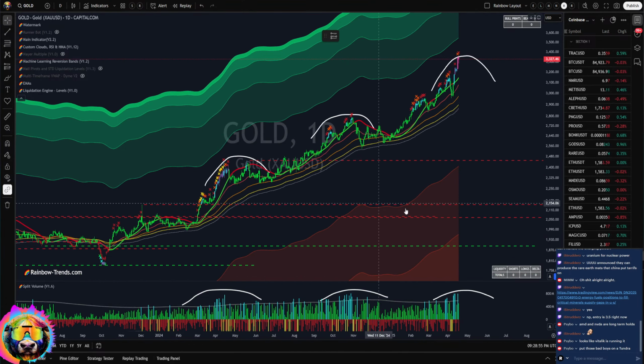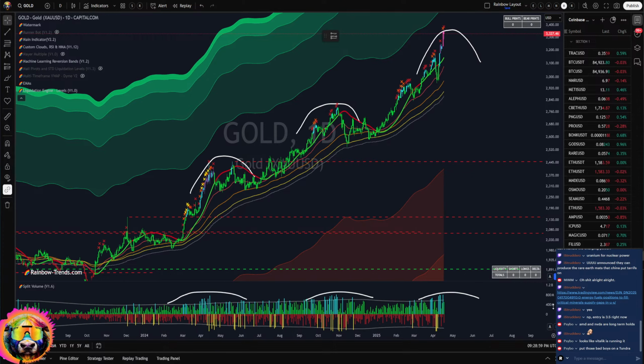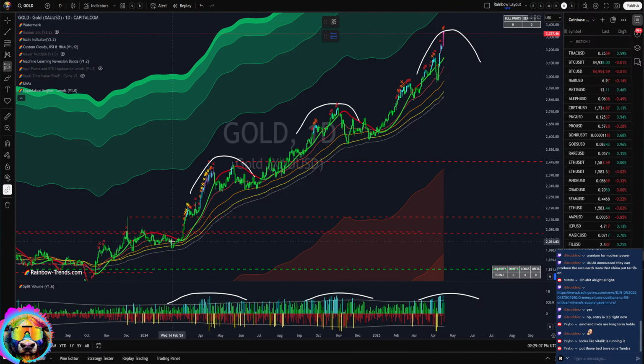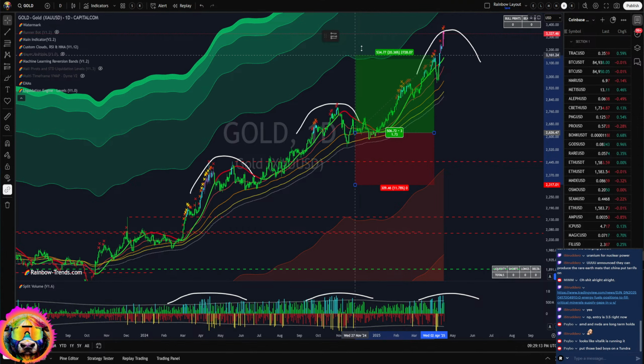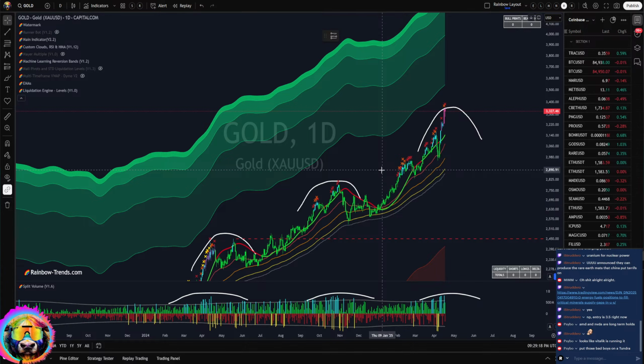And I suspect China is dumping their bonds. Wouldn't be surprised. And I think they're buying gold. Silver's not getting any bid. Gold is getting an infinite bid. So gold, which has done nothing forever, year to date, has been trading like an altcoin. It's up 28%. And it continues to go.